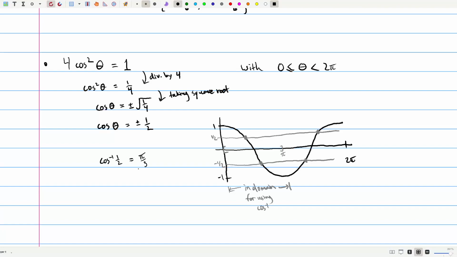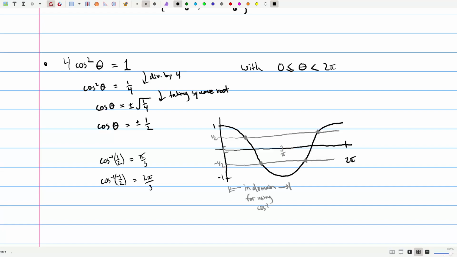And then for the next one, cosine inverse of minus 1/2. This is 2 pi over 3. Okay, so that's the first point and the second point.